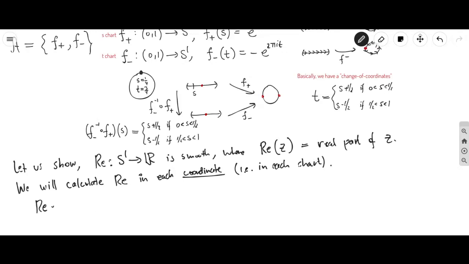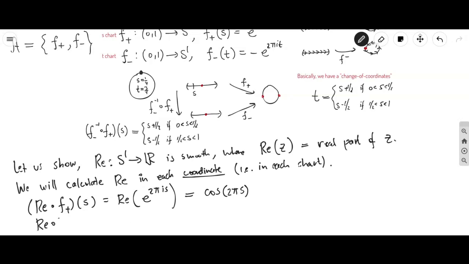So if you do Re composed with the positive chart, that's going to give you a map. So let's see what kind of function that is. So you do F plus of s. So that will give you the real part of e to the 2 pi i s. And the real part of that by Euler's identity would be cosine 2 pi s.